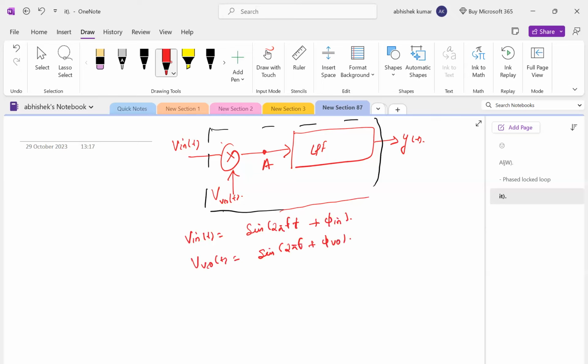Okay. Now we will measure the signal at A, to see how the phase detector will work.